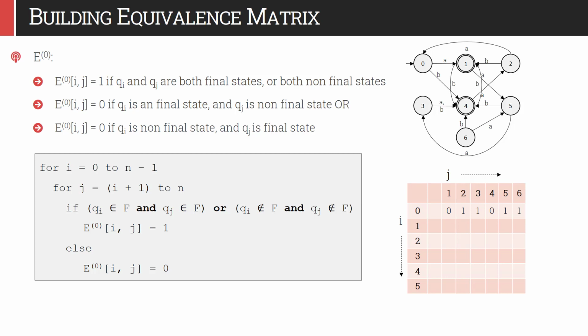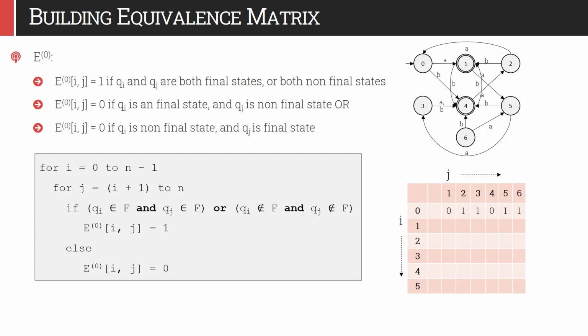Next, for 0, 2, both are non-final states, so we set E0 of 0, 2 as 1. Same is true for 0, 3. For 0, 4, state 0 is non-final and state 4 is final. They are in different groups, so we set 0, 4 in the equivalence matrix as 0. Then 0, 5 both are non-final, 0 and 6 both are non-final, so we set it as 1.